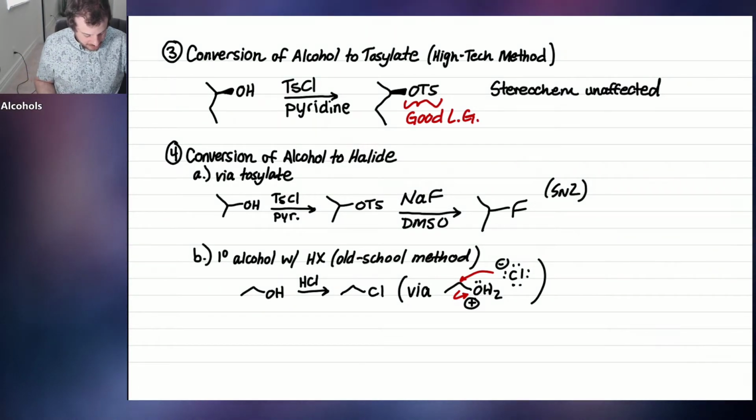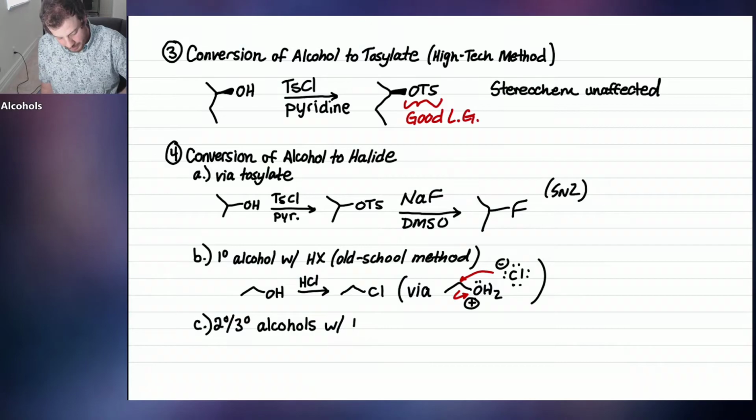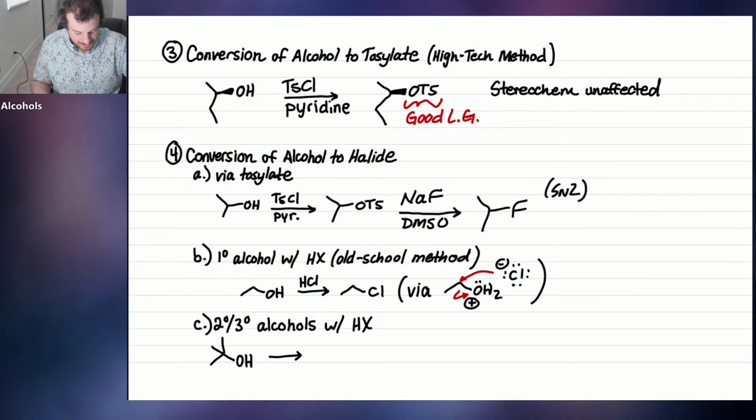And then just recently, a couple lectures ago, we saw that the old school method actually works with secondary and tertiary alcohols as well. But that it went through a different mechanism. Specifically, it went through the SN1 mechanism. So we could take, say, for example, a tertiary alcohol and treat it with HI. And that's going to create the iodide.